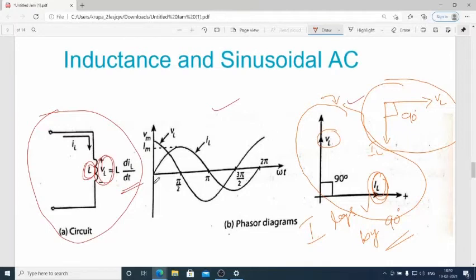Okay, so in this phasor the voltage is starting here actually, before the zero. The voltage and current are lagging in nature with 90 degrees of phase shift. This is a 90-degree phase shift. So the current is delayed with respect to the voltage by 90 degrees. That's why the power factor nature of the inductance is lagging. Lagging power factor. Okay. So now let's move on to the capacitance circuit.